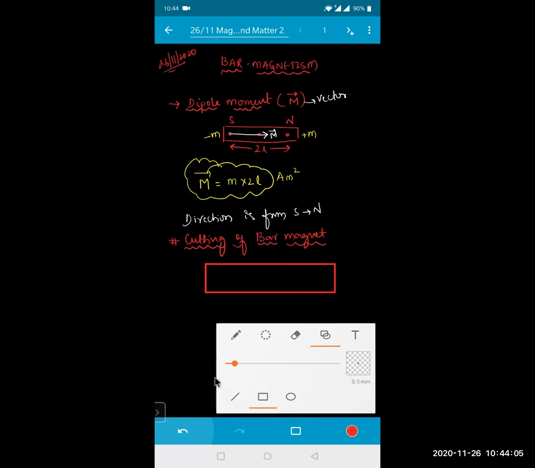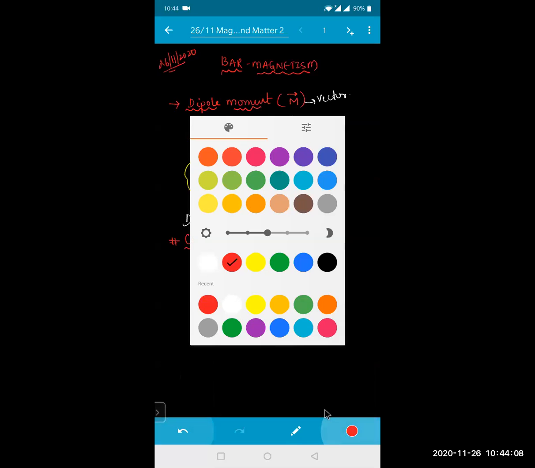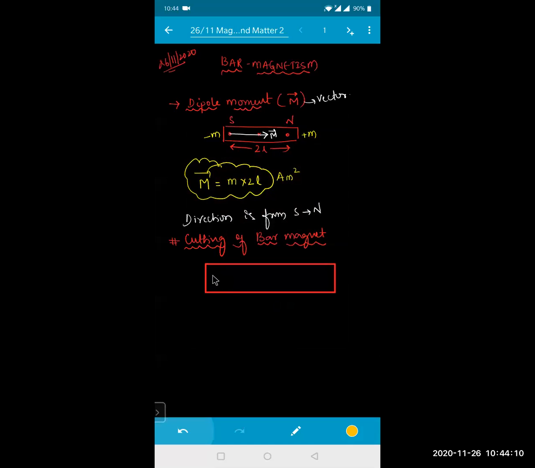This one I am taking as the south pole and this one as the north pole. North pole is plus m and the south pole is the negative pole. The distance between these two is 2L.